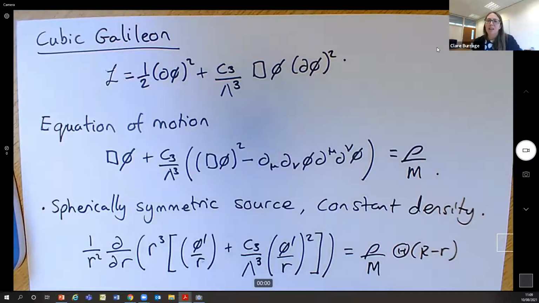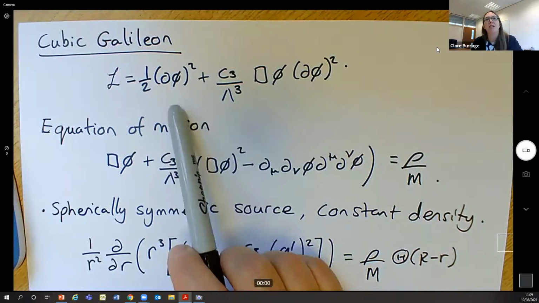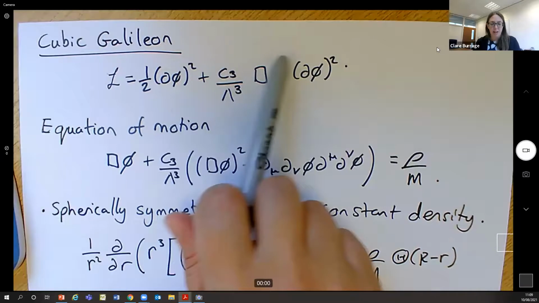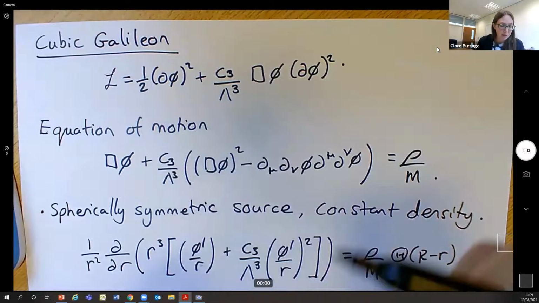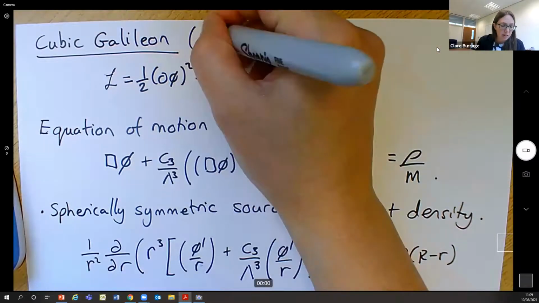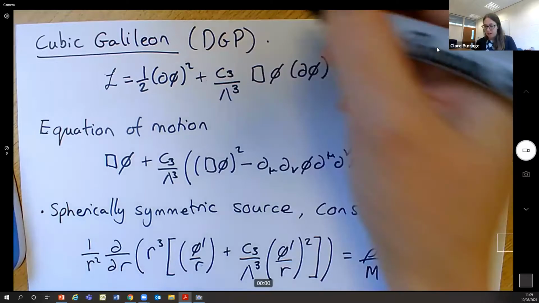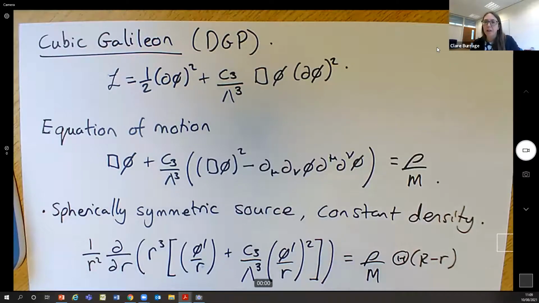The example we're going to talk about is what's known as a cubic Galilean model. It also arises in DGP, a series of modified gravity theories coming from discussions about the motion of branes in an extra dimension.